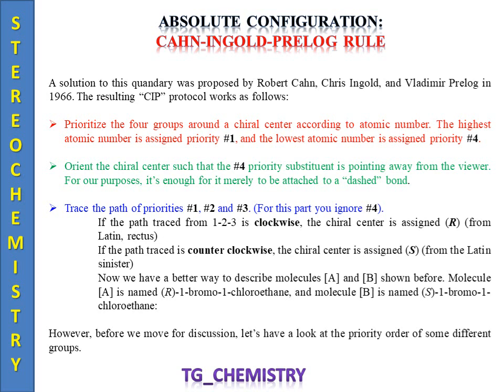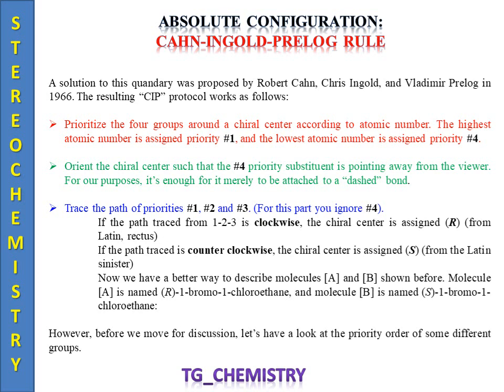First, it says that we need to prioritize the 4 groups around a chiral center according to atomic numbers. The highest atomic number is assigned the priority 1, and the lowest atomic number will be assigned as the priority 4. Second one says that we need to orient the chiral center in such a way that the priority 4 group or the substituent is pointing away from the viewer.